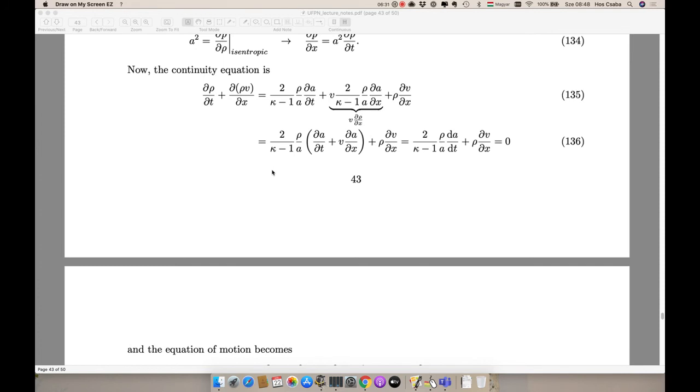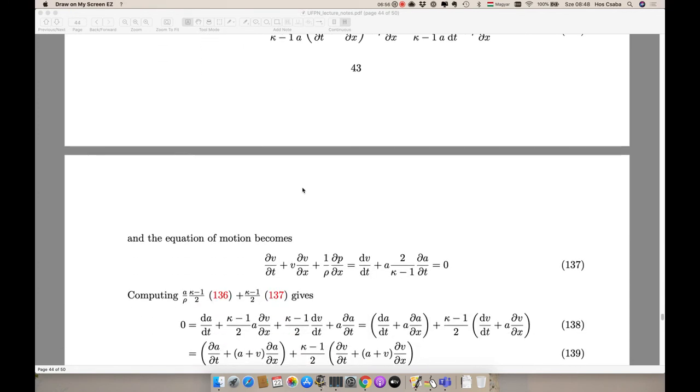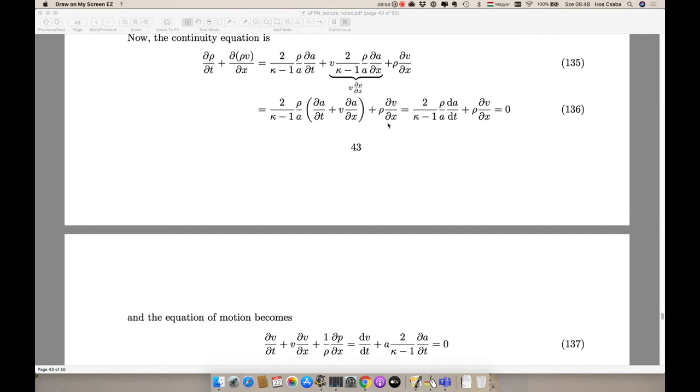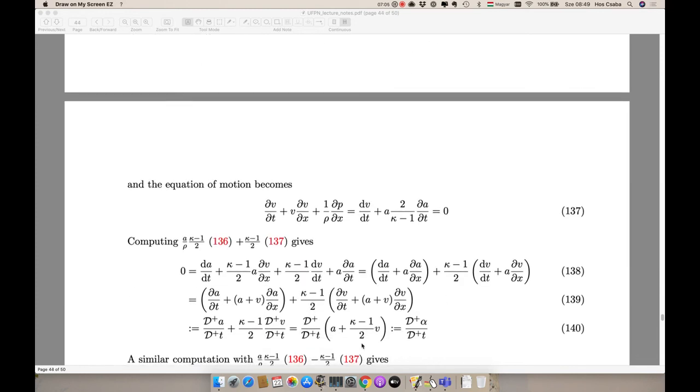So by assuming an isentropic flow, you basically get rid of the energy equation, and what you are left with is a continuity equation, an equation of motion, both in terms of velocity and sonic velocity, plus the ideal gas law, P over rho is R times T, plus the isentropic equations.